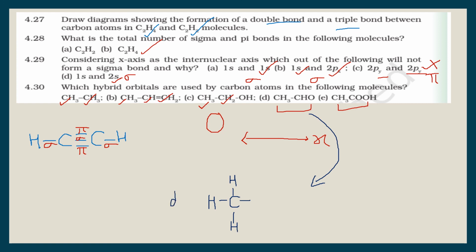I'm doing it. Last question. And you have carbon attached to hydrogen and there is one oxygen. Now oxygen makes a double bond with carbon here. Now you can see that this carbon is involved in all single bonds, sp3. This is involved in a double bond, so sp2.